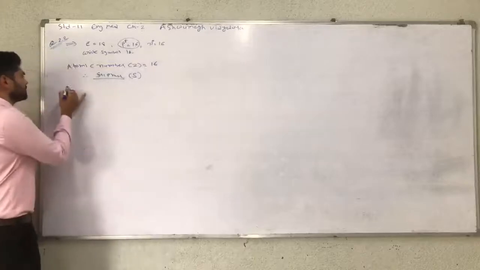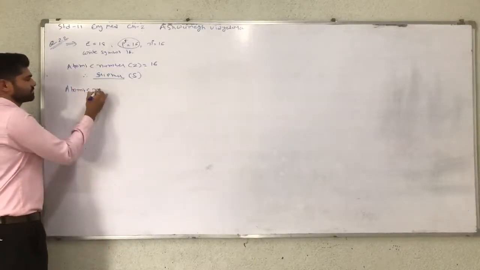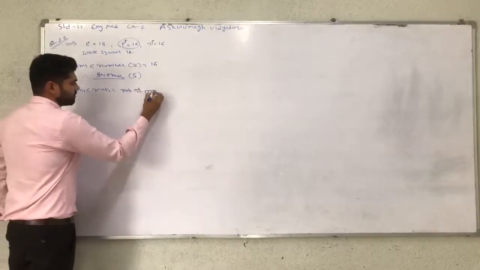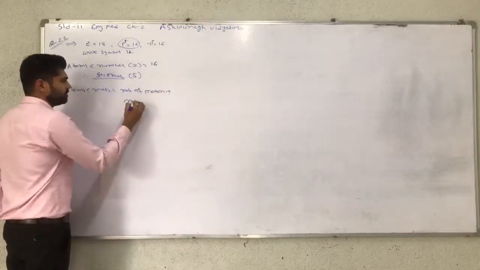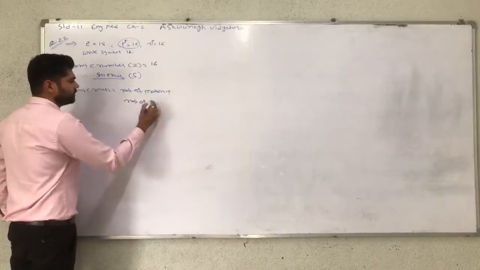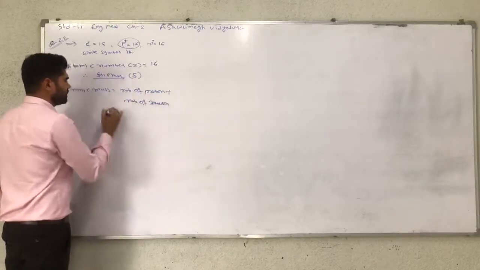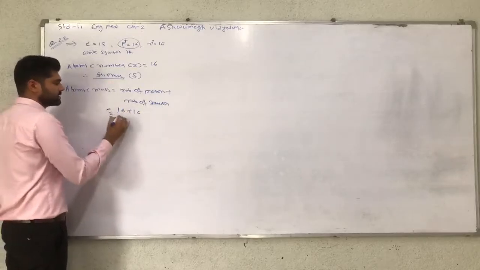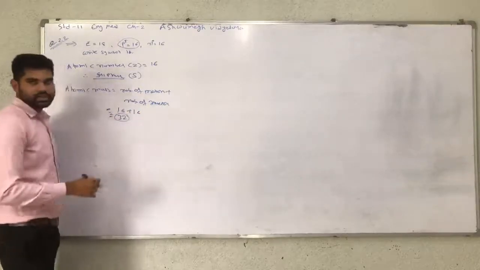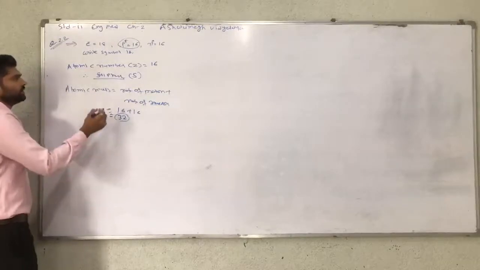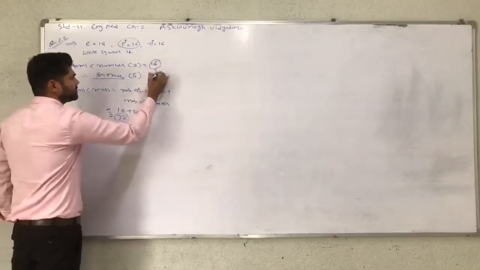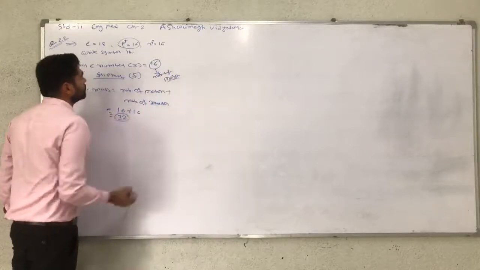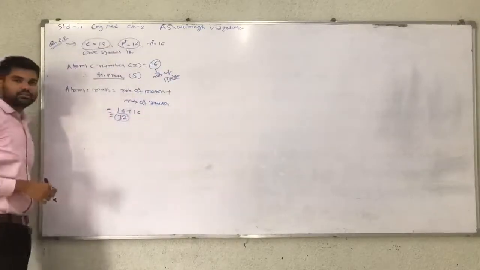So atomic mass is equal to number of protons plus number of neutrons. The number of protons is 16 plus the number of neutrons 16. Therefore the answer is 32.